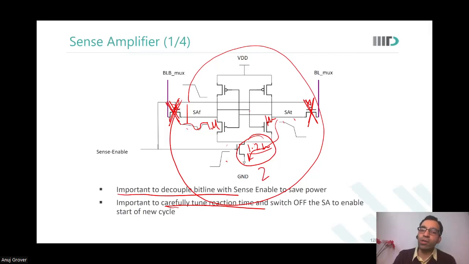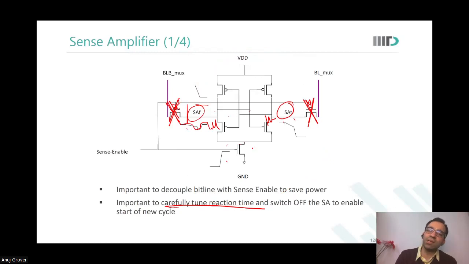But there's no point in taking it so big that it goes to 2 microns, because at any point of time, only one of the SAF or SAT will go to 0. Both cannot go to 0 simultaneously. It's a latch finally. So you keep it a little bigger than the pass gates or the matched devices over here. That is fine.